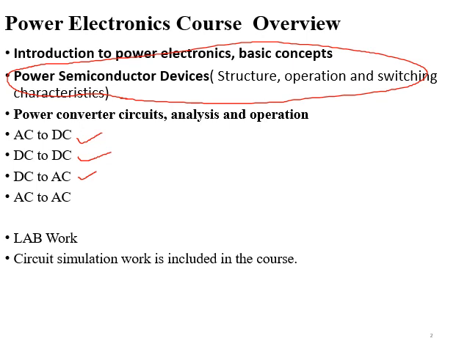And in the fifth part, AC to AC power conversion with the AC voltage regulators and cycloconverters circuits. Also, this course has lab work, and all the labs are performed using the MATLAB software.